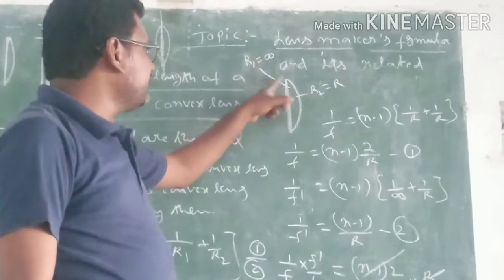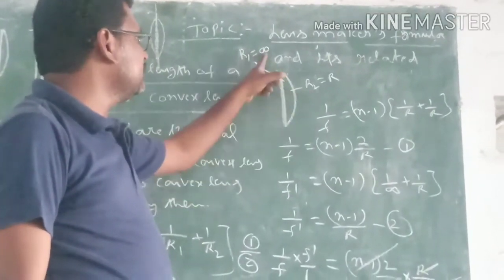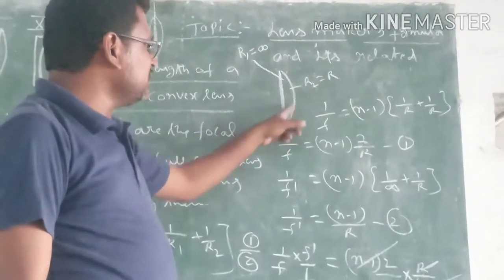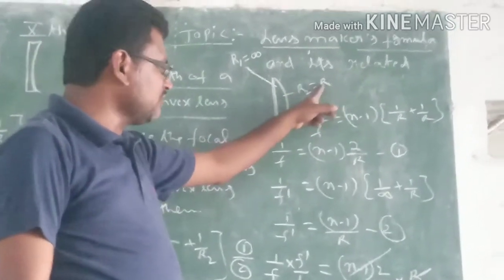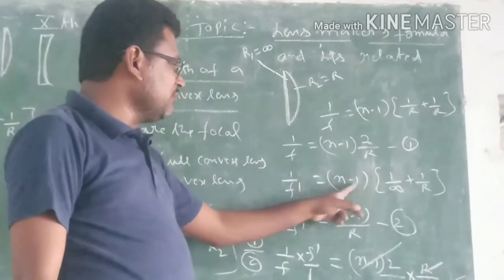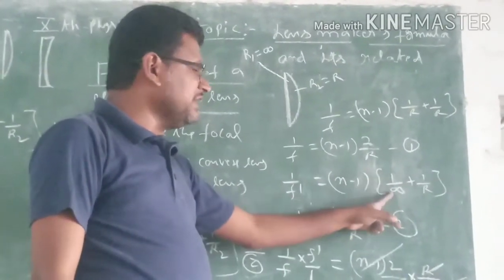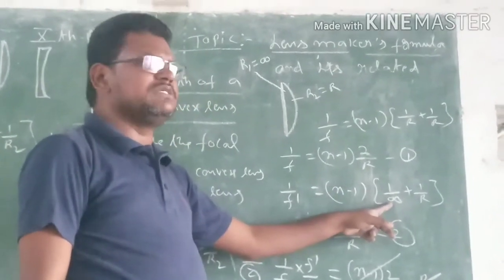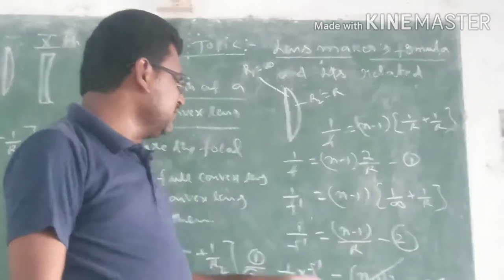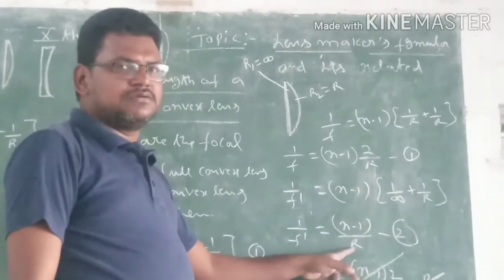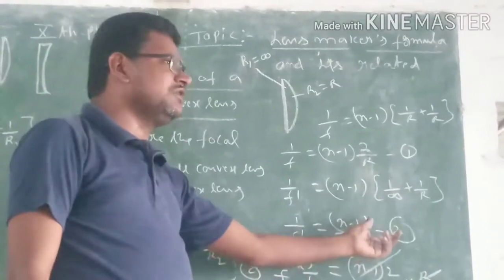The radius of curvature of a plane surface is infinity, and for the convex surface R2 is equal to R. Substituting, 1 by f dash is equal to n minus 1 into 1 by infinity plus 1 by R. Since 1 by infinity is 0, 1 by f dash is equal to n minus 1 by R. Give this as equation number 2.